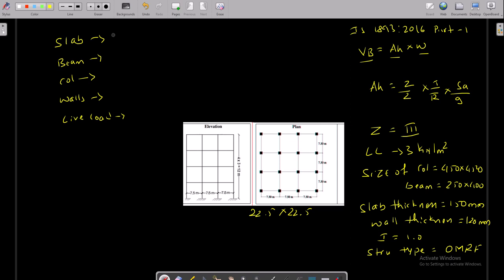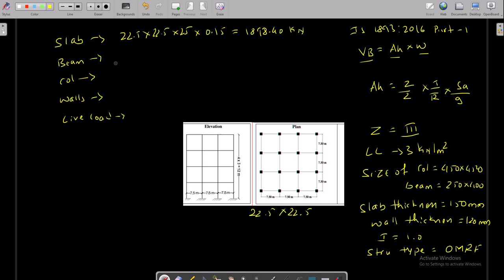That is the floor area. For concrete I am going to take a density of 25, and for masonry 22.5 kilonewton per meter cube. For the slab, 22.5 in both directions with a density of 25 and a thickness of 0.15 comes out to be 1898.40 kilonewton.